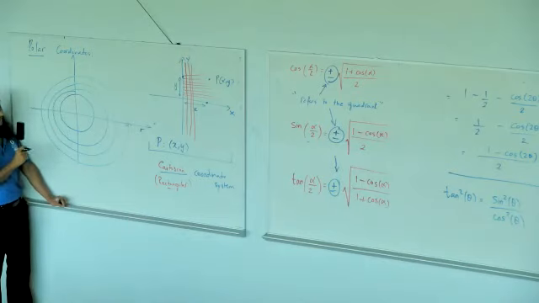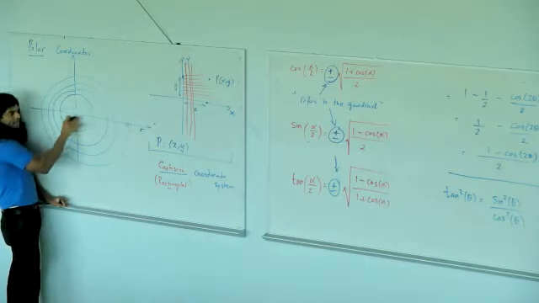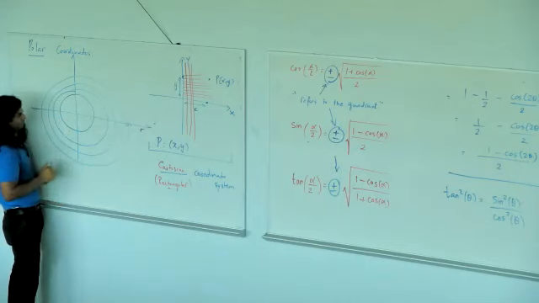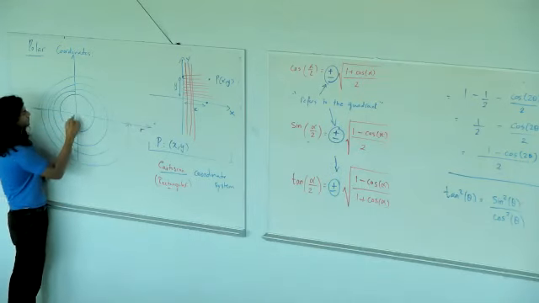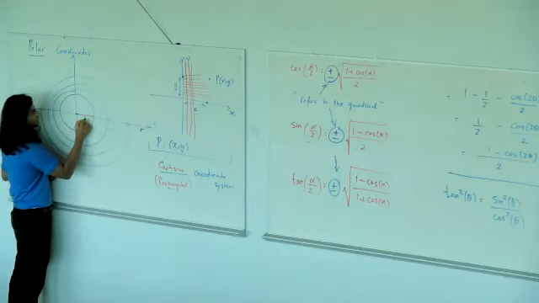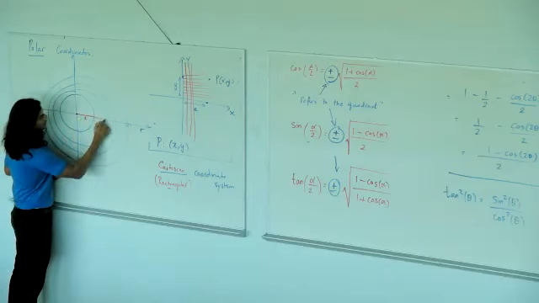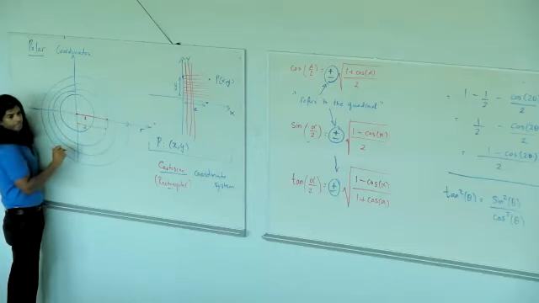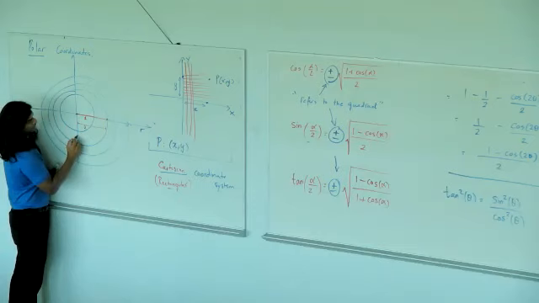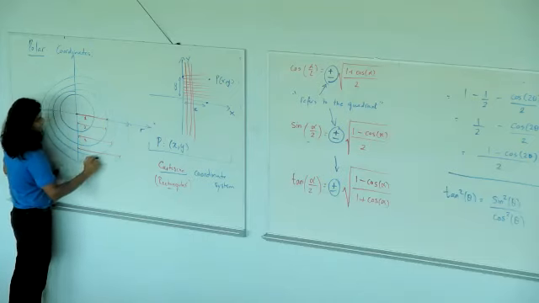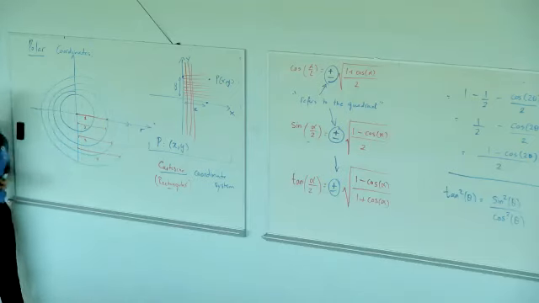Good. So, circle of radius, say 1. Circle of radius 2. Yes. Circle of radius 3. Circle of radius 4, and so on, right?